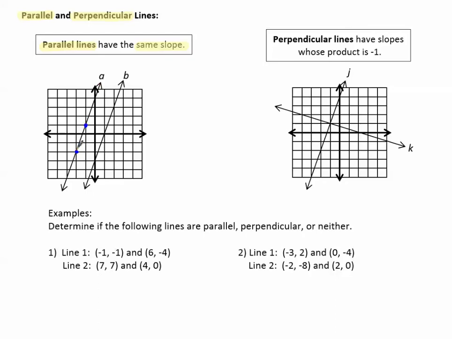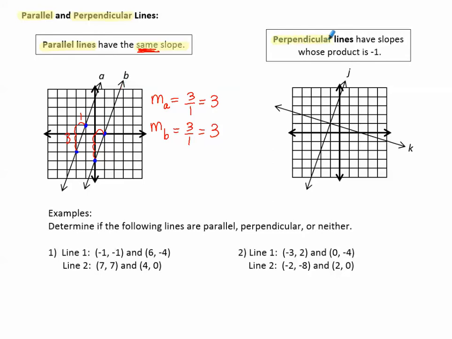So from the left, I'm counting 1, 2, 3, up, and then to the right, 1. So the slope of line A is 3 over 1, or simplifies to 3. The slope of line B, I'm going to first find some integral coordinates here and here, and then 1, 2, 3, and over 1. Again, the slope of line B is 3 over 1, or 3. So we see that these slopes are equal to each other. They are the same. Therefore, I know these lines are parallel.